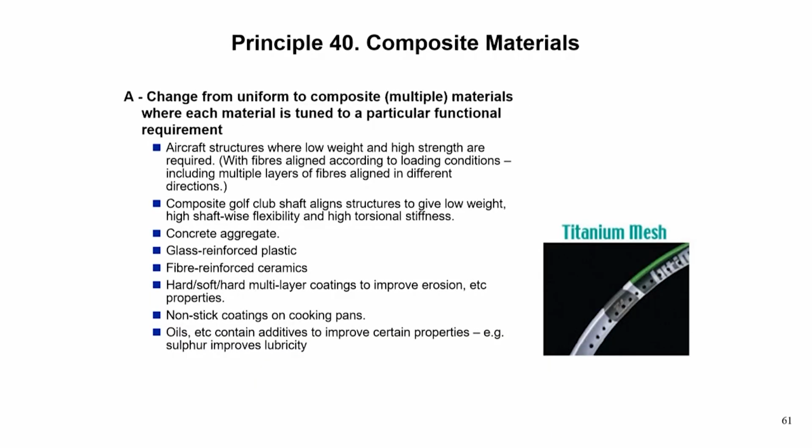Now, composite is a big thing today. If you think of the journey of human civilization, it is almost ironical that we actually started with some composites. For example, straw reinforced bricks were used in the Indus civilization.